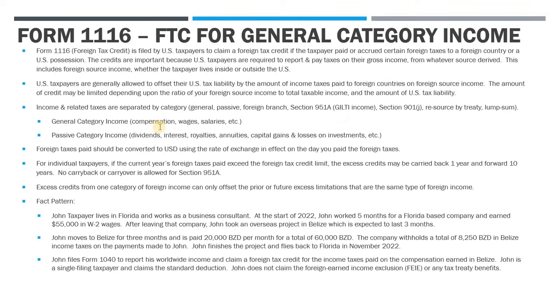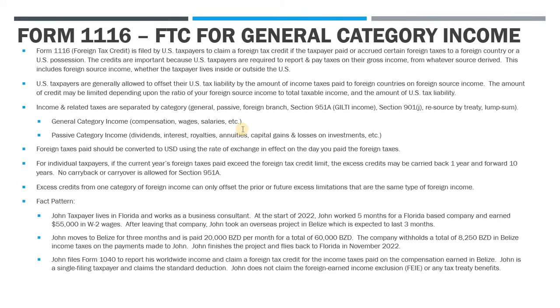So general category income includes things like compensation, wages, salaries. And the passive category income is more portfolio type income. So dividends, interest, royalties, capital gains on the sale of stocks, bonds, other types of investments. Now, the reason why it's so important to be mindful of these categories is you have to separately track the taxes in each category.